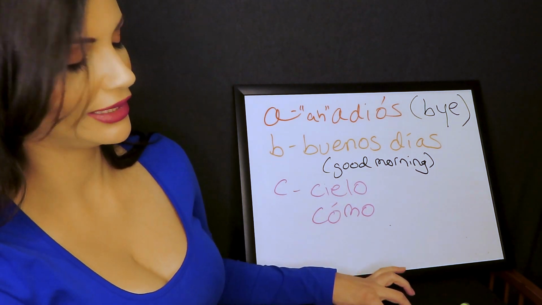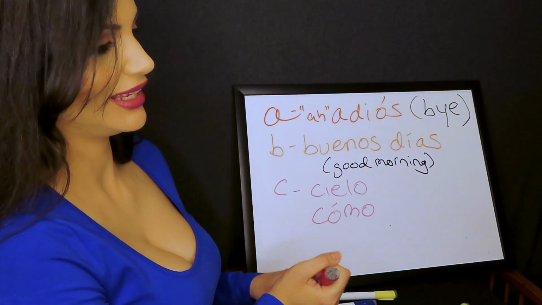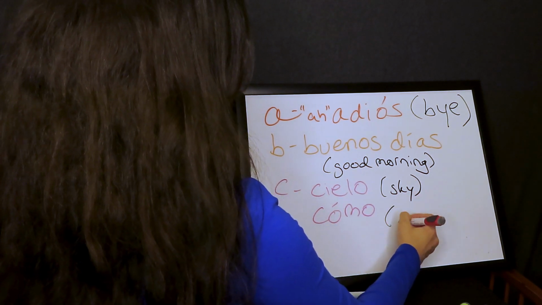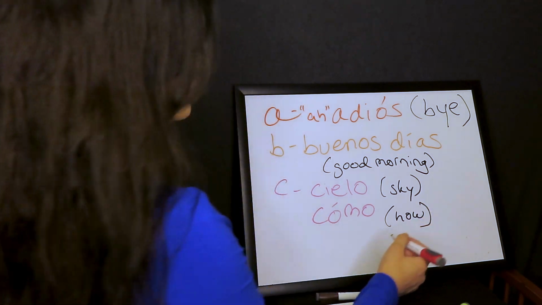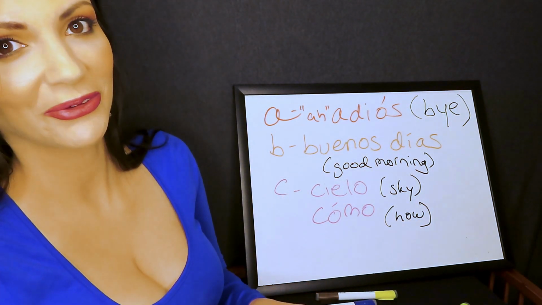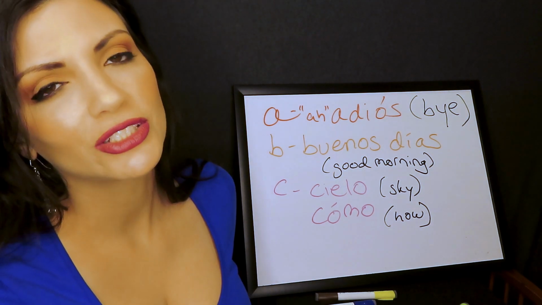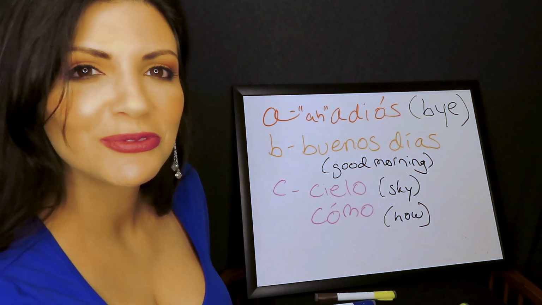Cielo means sky, and cómo means how, and is used in the phrase ¿Cómo estás?, which is asking, how are you?